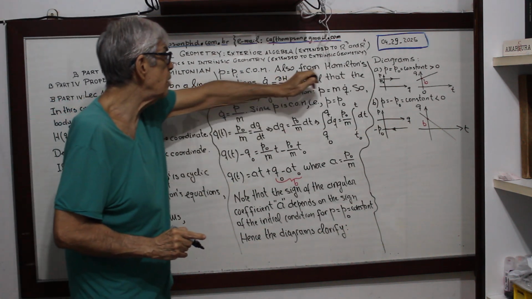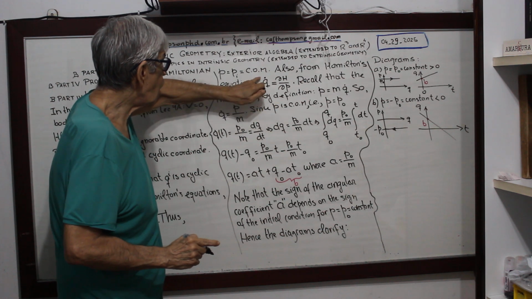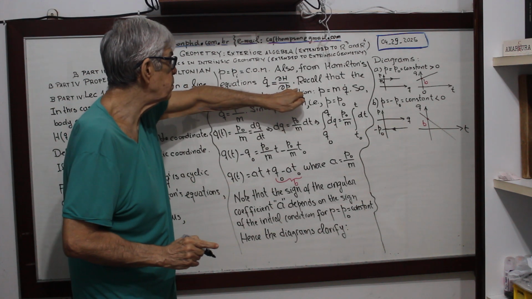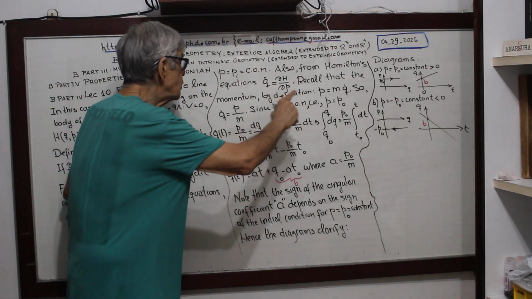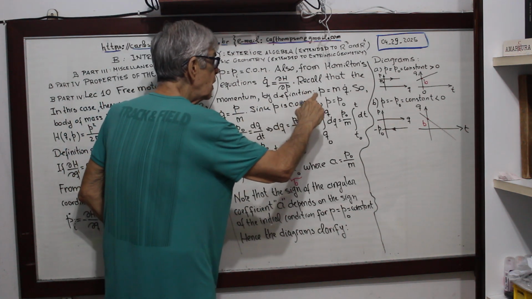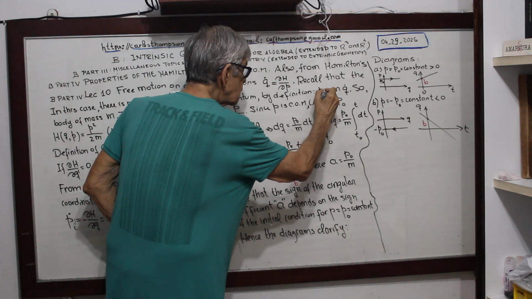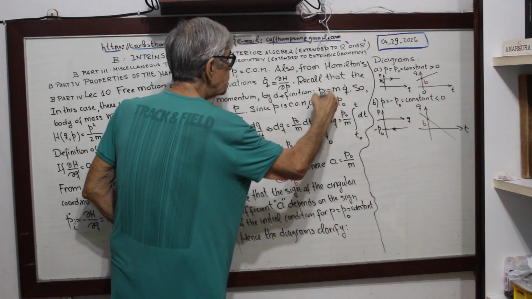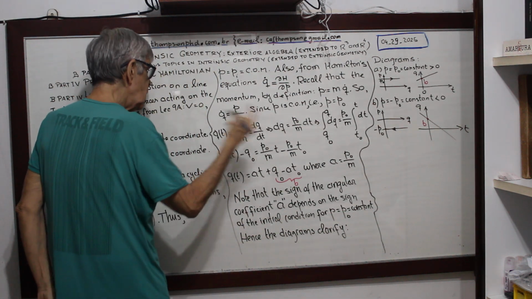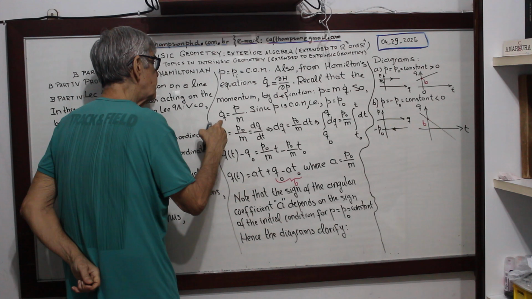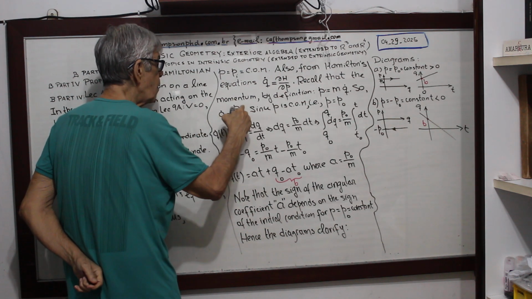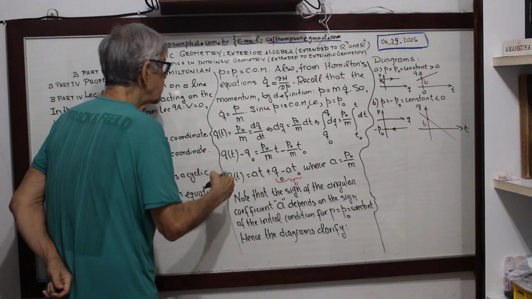Now, also for Hamilton's equation, q dot is plus the partial of H with respect to p. And recall that the momentum, attention now, by definition is m times the velocity, q dot. So, solving explicitly for q dot, q dot is equal to p divided by m.